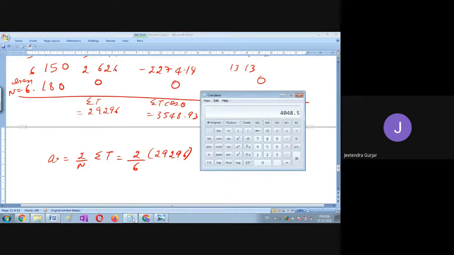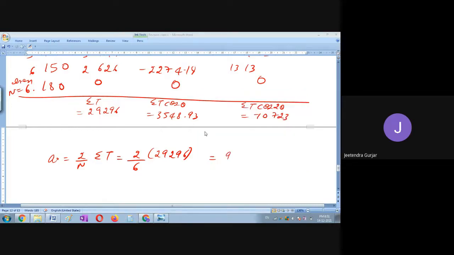You'll get the value, just check, friends. Easily you can see here. See, 2 divided by 6 is how much? This much into 29296. So you're getting 9765.33. It is on the screen.